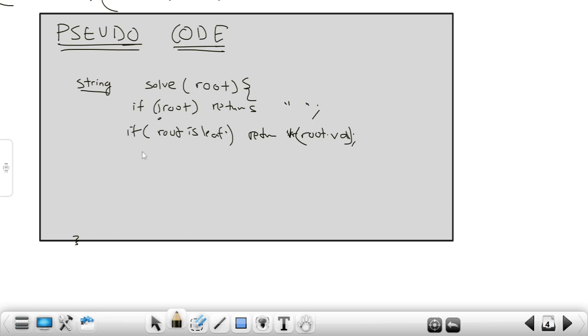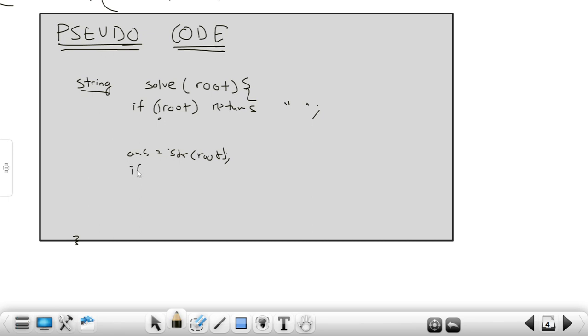Now for calculating the answer for the rest of the values, I'll simply do one thing: answer equals string of root value. Interestingly, I don't need to check the leaf condition as well, so I can erase it, because for a leaf there will be no child, and it will be automatically handled.